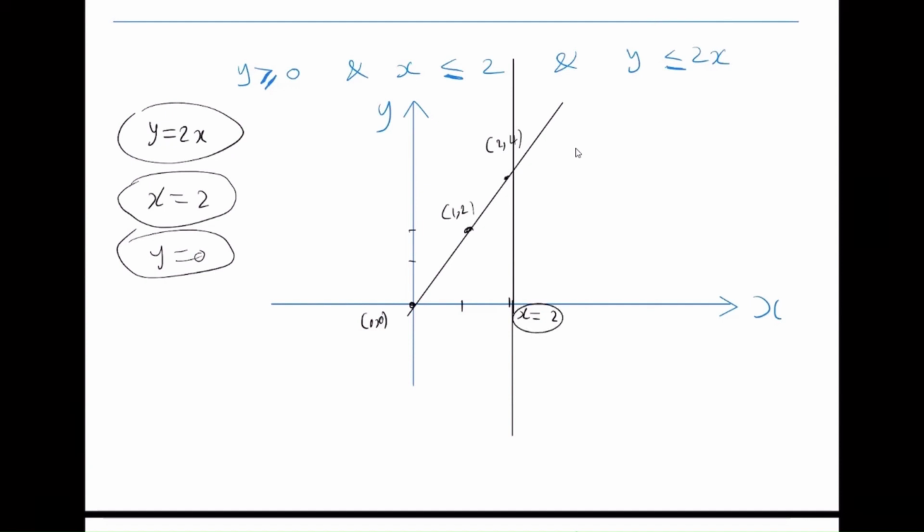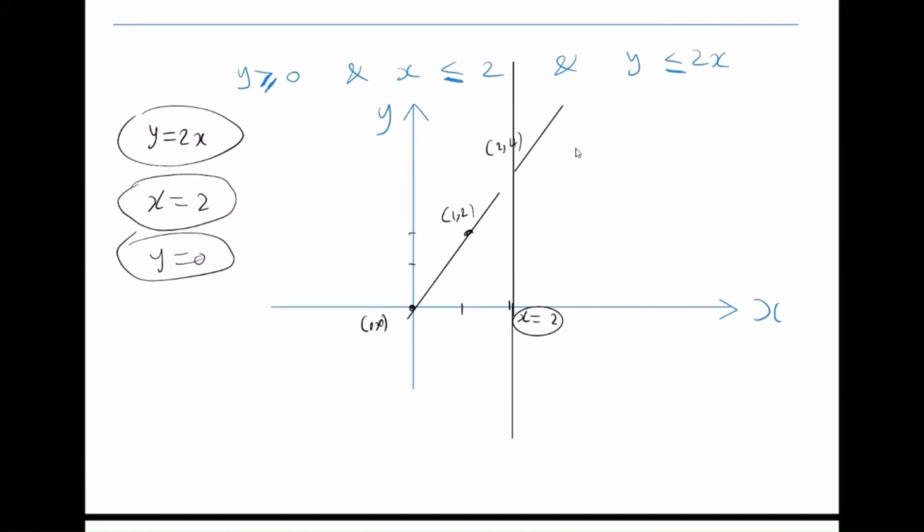All of the points on this line have coordinate x equals 2. So I don't need only x equals 2, I need x less than or equal to 2. So x equals 2 is the boundary. Is less than 2 to the left or to the right? The left. Yes, here x is 1, x equals 0. So x less than 2 is to the left of this line.